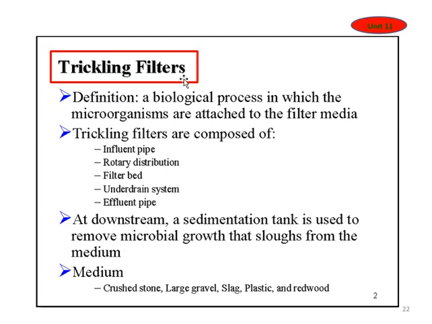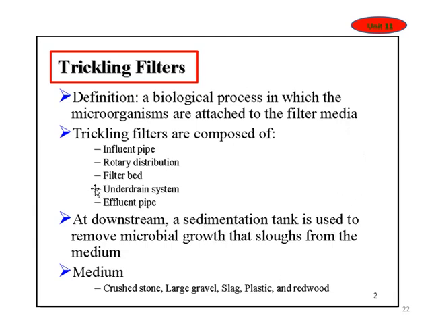The trickling filter, as I told you, is a biological process in which the microorganisms are attached to the filter media, like stone and other things. A trickling filter has components like the influent pipe, the rotary distribution, that is, the pipe which circulates and sprays the wastewater, and the filter bed at the bottom.